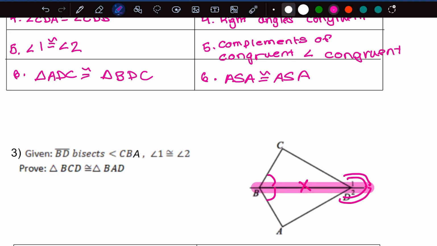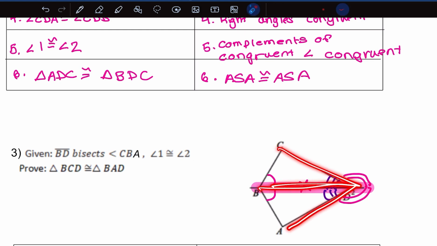There is a straight line, so I know that there has to be a supplement relationship. So I know that these two angles right here are going to have to be congruent because they are the supplements of congruent angles.